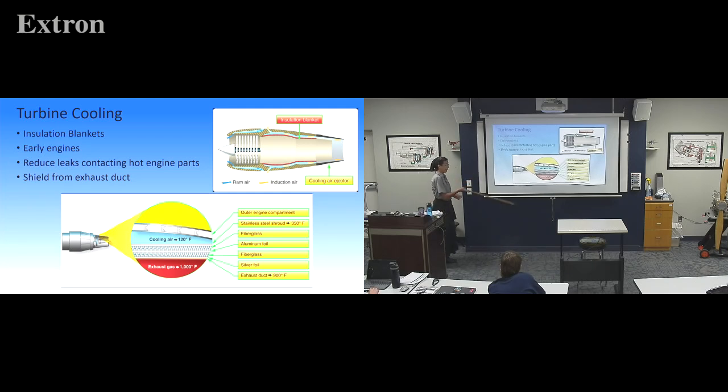It shields the rest of the engine from the exhaust duct, and typically there'll be layers of stainless steel shroud, fiberglass, aluminum foil, and then more fiberglass, silver foil, and just layers to protect that. Don't need to know too much other than they are part of a turbine cooling system.